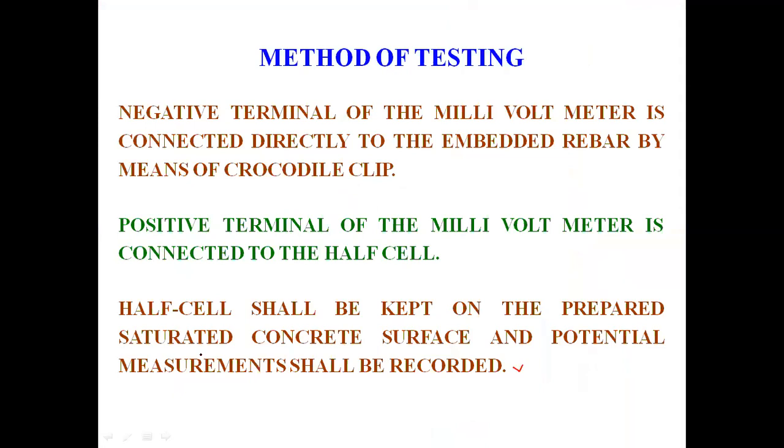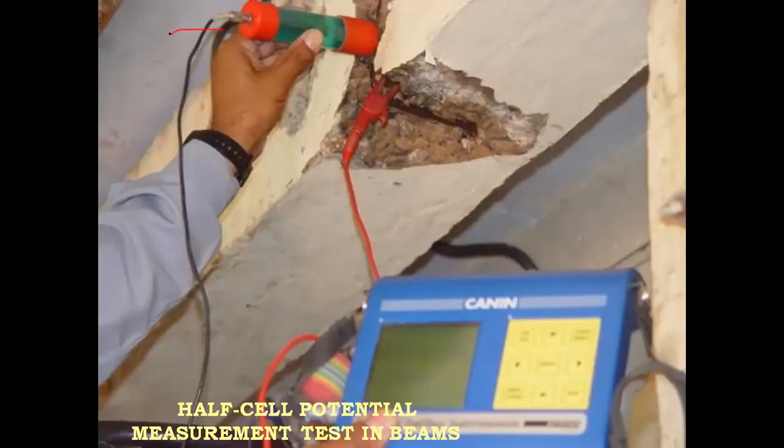So this is the half cell. These are the voltmeters. Got it? This is the negative voltmeter, this is the positive voltmeter, and this is the half cell. The half cell is to be connected to the concrete surface, which is already saturated, and one voltmeter lead is connected to the steel rod and the other to the device.